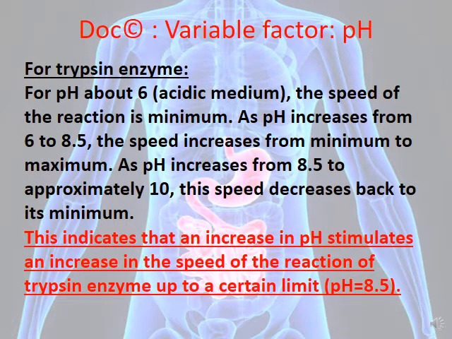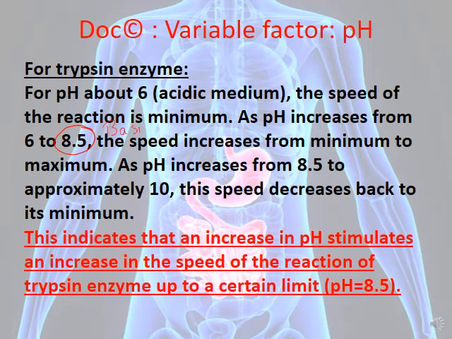For trypsin enzyme, the pH is about 6, which is acidic, and the speed of the reaction is minimum. As the pH increases from 6 to around 8.5, the speed increases from minimum to its maximum. So maximum at 8.5, which is basic.